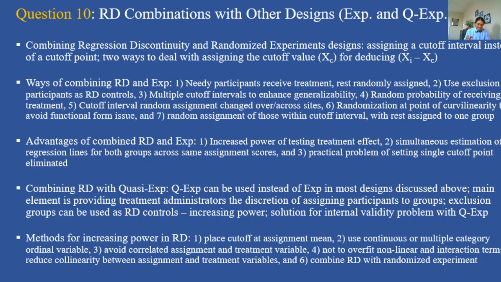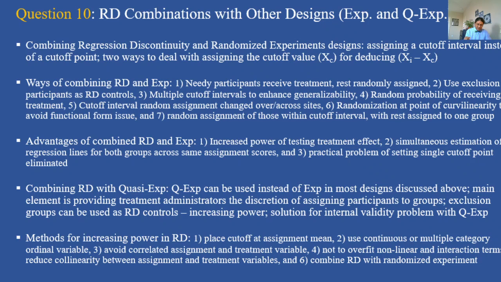Now, such design combination between RD and quasi-experiment would entail resting the decision of assignment of groups at the discretion of the administrator. In a nutshell, that's what it entails. So basically, the administrator or the researchers have the liberty of assigning the participants to any condition.